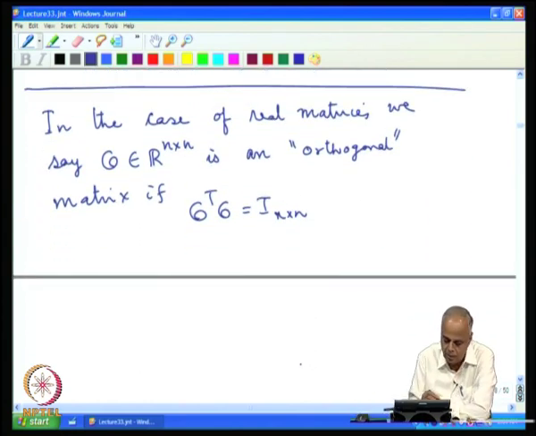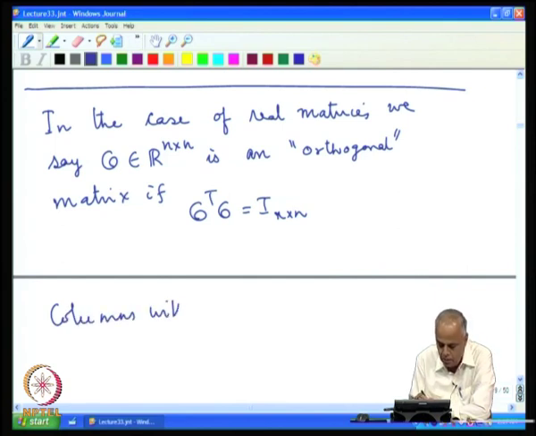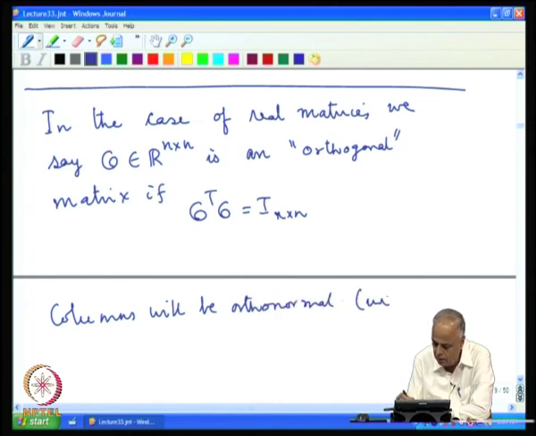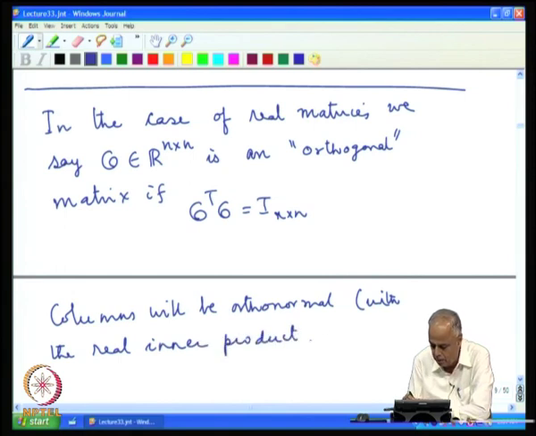In this case, the columns will be orthonormal, but with the real inner product, because everything is real. So we use the real inner product in R.